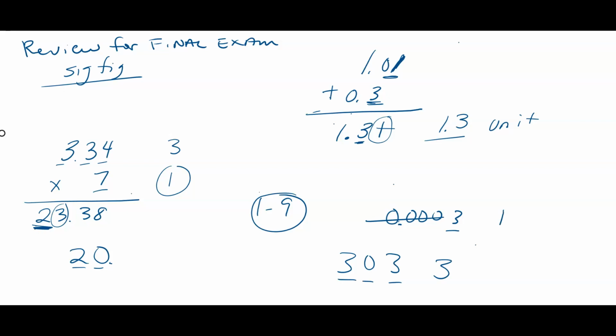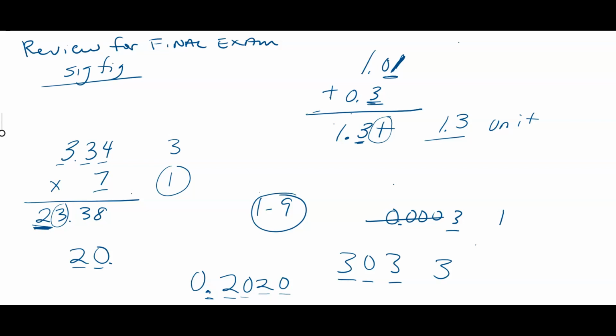And then zeros on the right of numbers, they count if I see a decimal somewhere. So I see a decimal here. So I have 1, 2, 3, 4 sig figs in this question. Okay, so sig figs are important, and it matters about the zeros as well. So zeros in the left of the numbers don't count.